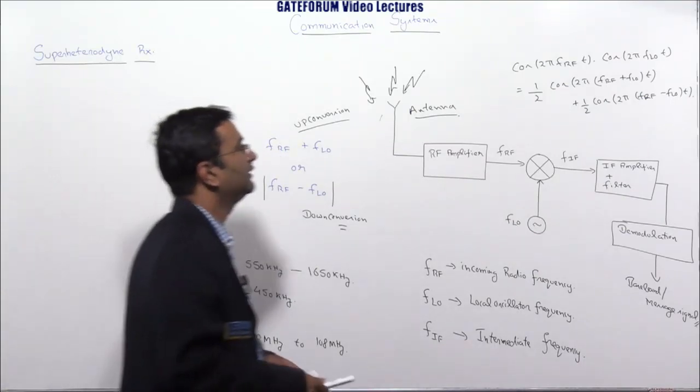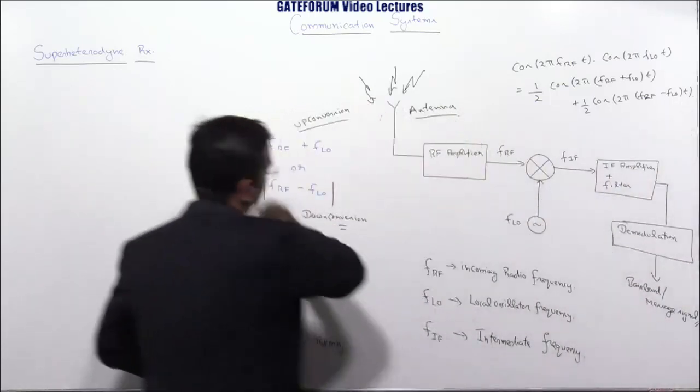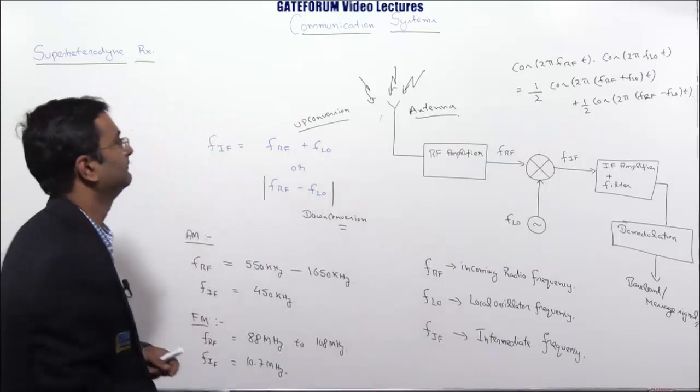So two frequencies are generated. So this is FRF minus FLO or FLO minus FRF. That's why I have written this mod. It can be anything.